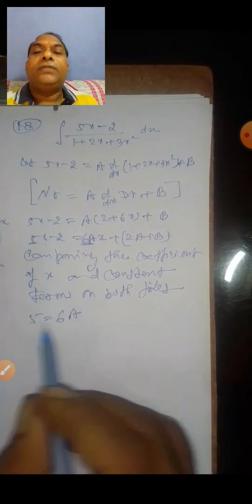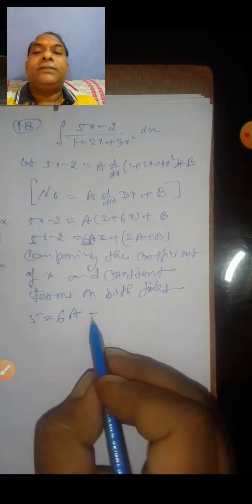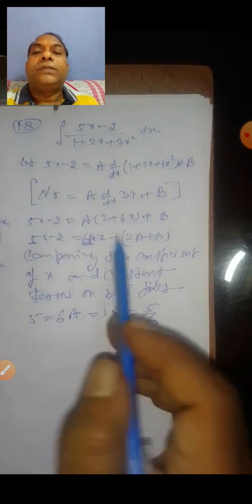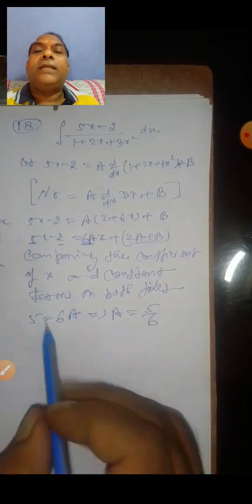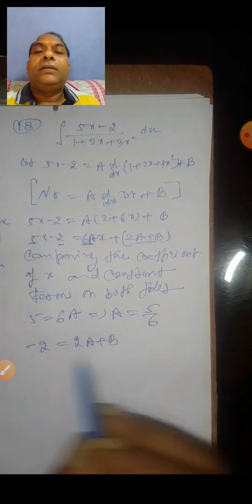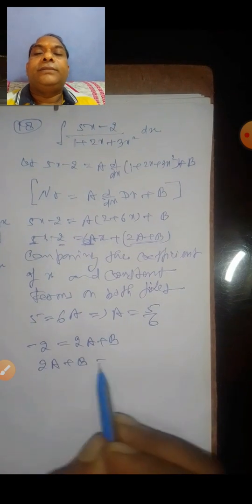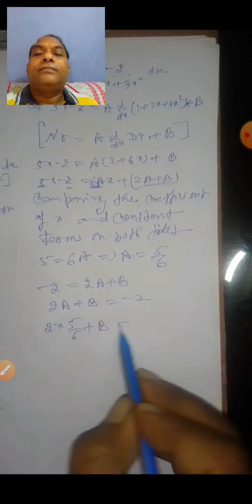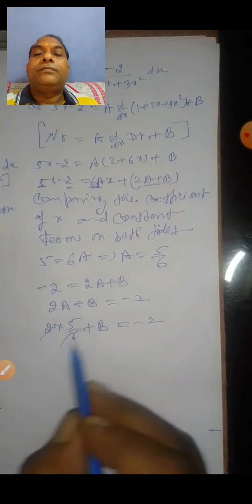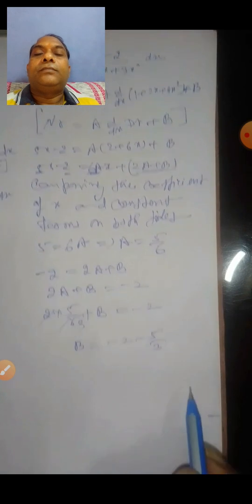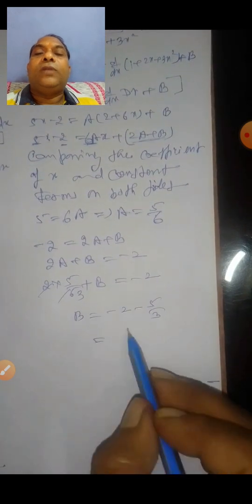So A is equal to 5 upon 6. Now comparing the constant term on both sides, then minus 2 is equal to 2A plus B. Now put the value of A, you can find B. So B is equal to minus 11 by 3.